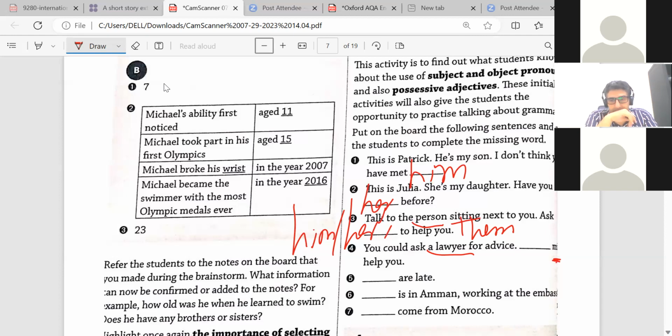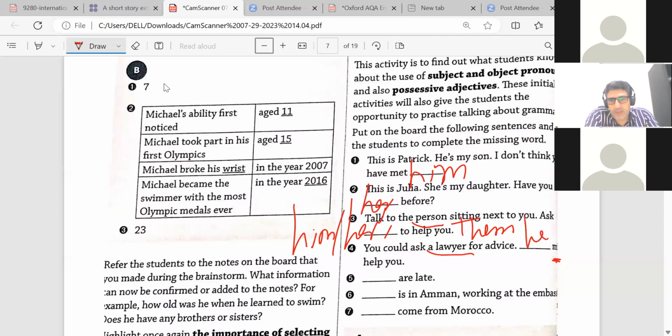I think it can be both. I think as advice will help, and the lawyer will help you by giving you advice. So if you need a pronoun which refers to the noun lawyer, so lawyer is a person, as you know. So in this case, you need to write he, because lawyer may be a man or a woman.